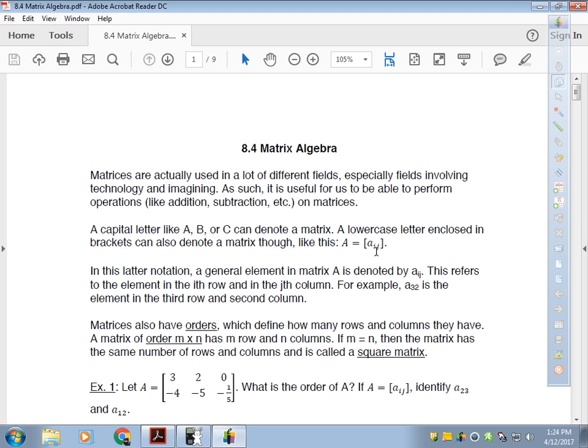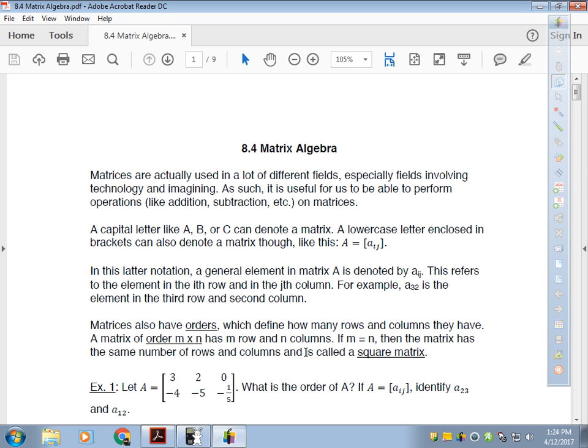So the first number i tells you what row an element is in, and the second number j tells you what column it's in. So for example, if you saw A sub 3, 2, that tells me that you're looking at the element that is in the third row and the second column, not fifth, second column.